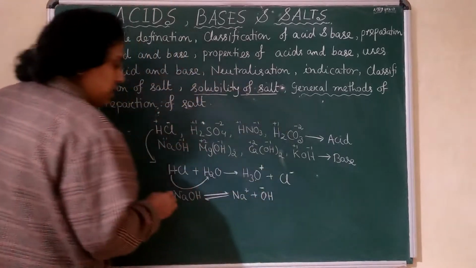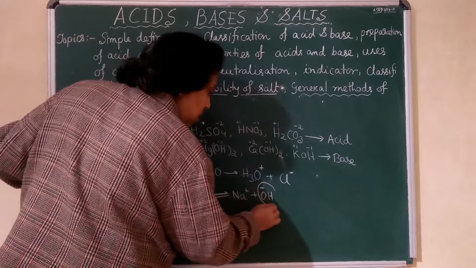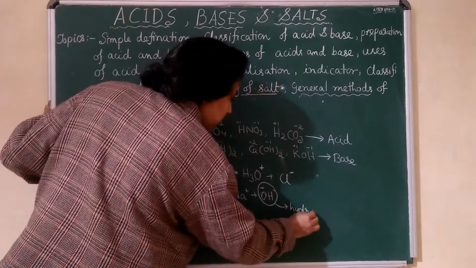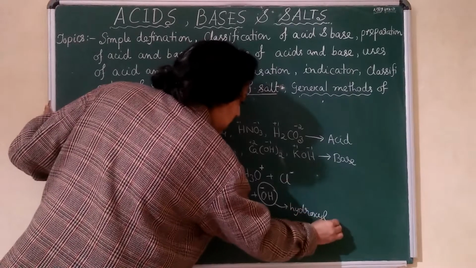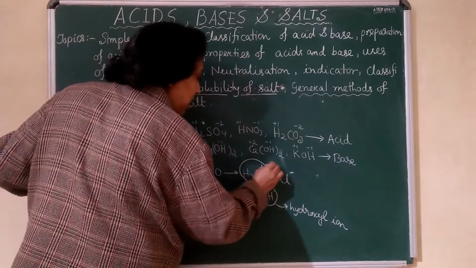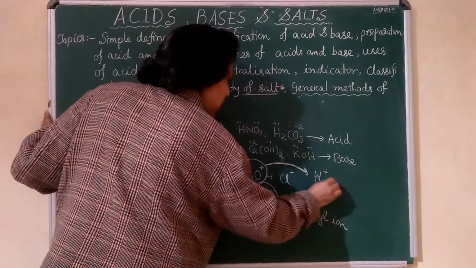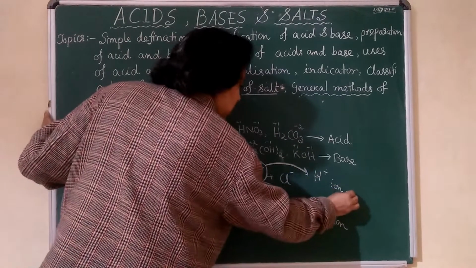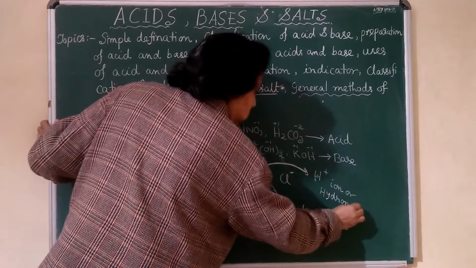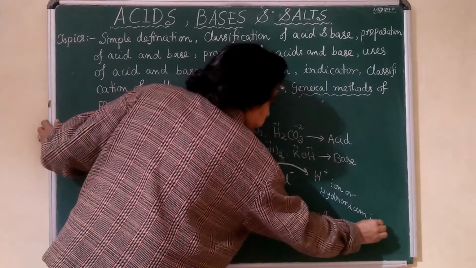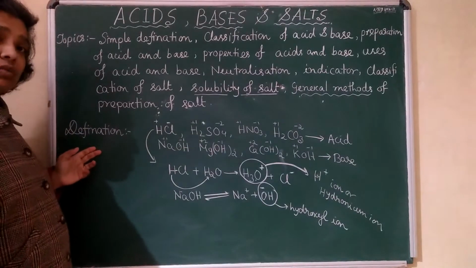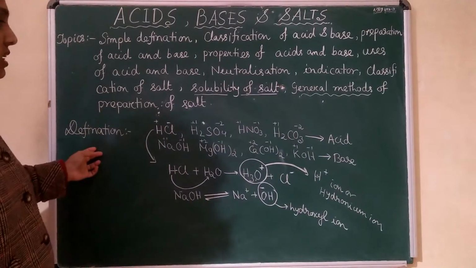So bases give you hydroxyl ion, while acids give you H plus or hydronium ion. So this is the basic definition by which we can define acids and bases.